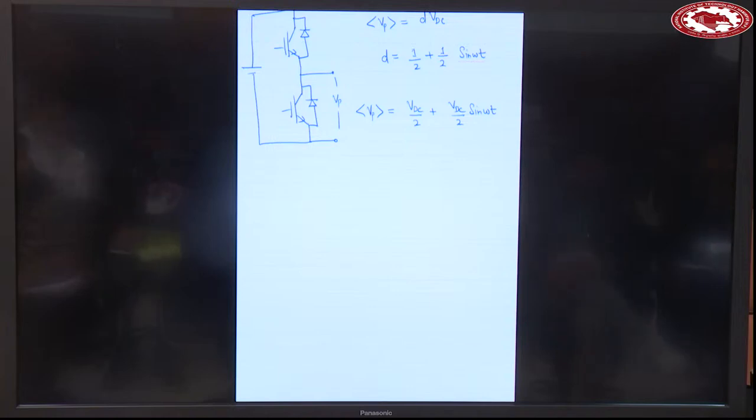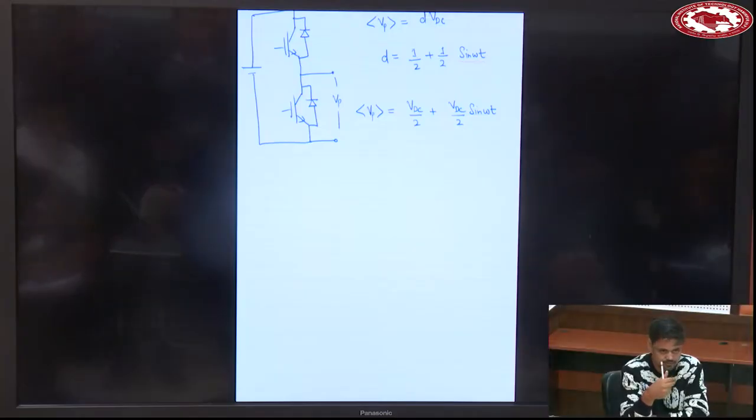Yesterday we have seen that in the half bridge cell, the pole voltage swings between VDC and 0. The average value of the pole voltage can be given as D times VDC. If you want to make AC out of this, then you have to modulate D, because D can have a value between 0 and 1. You have to choose D very carefully.